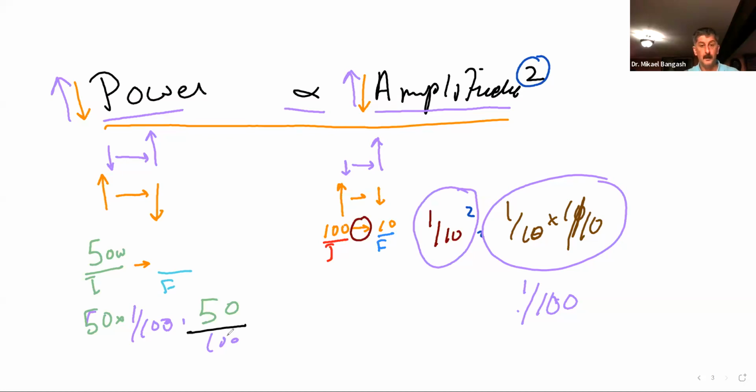Clear? Now there are different ways that you can do that. You can say this cuts this, so it becomes 5 divided by 10, which will be 0.5. So your final power is going to be half a watt.